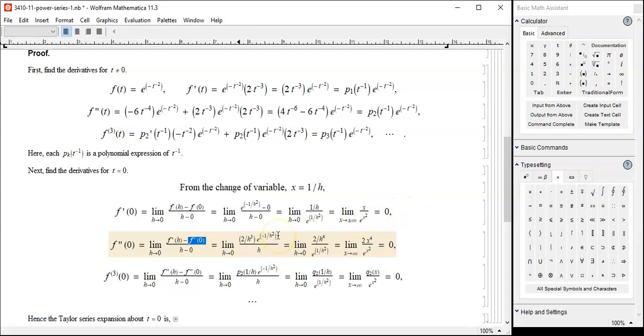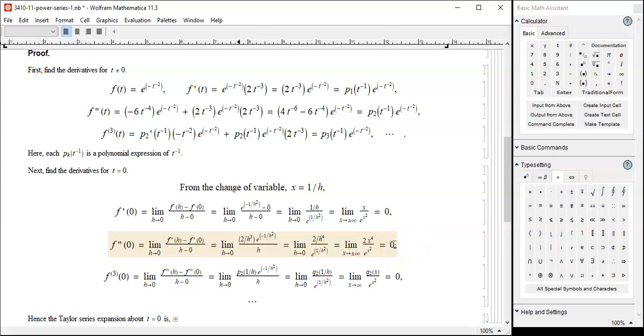So we have this expression, so the derivative over h, and if you simplify again, we're going to get e to the 1 over h squared, and then some reciprocal expression. So again, we're going to get the limit as x going to infinity instead of h going to 0, and we have a polynomial expression of x over e to the x squared. Again, let's put plus or minus infinity there. That's going to be 0.